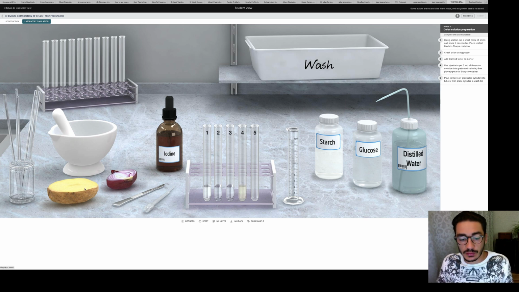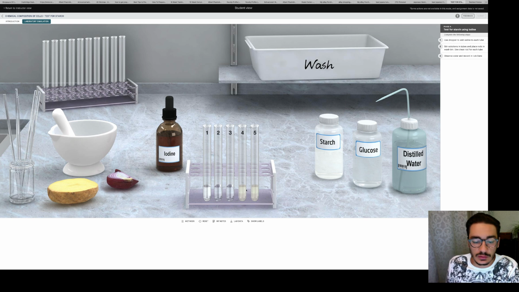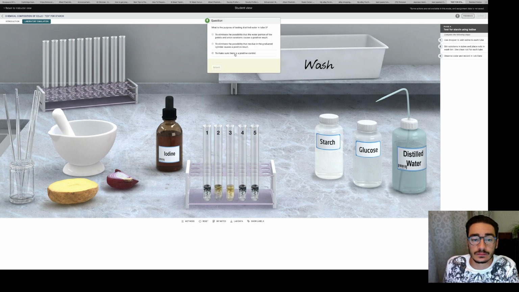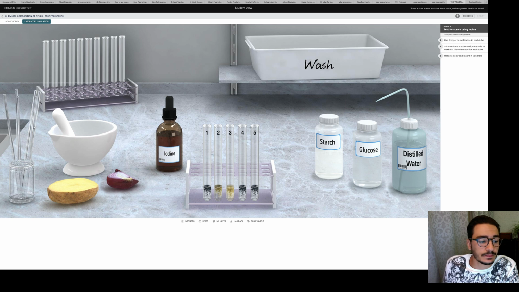So this is potato, and this is onion, and then you add iodine to your samples, and mix it.